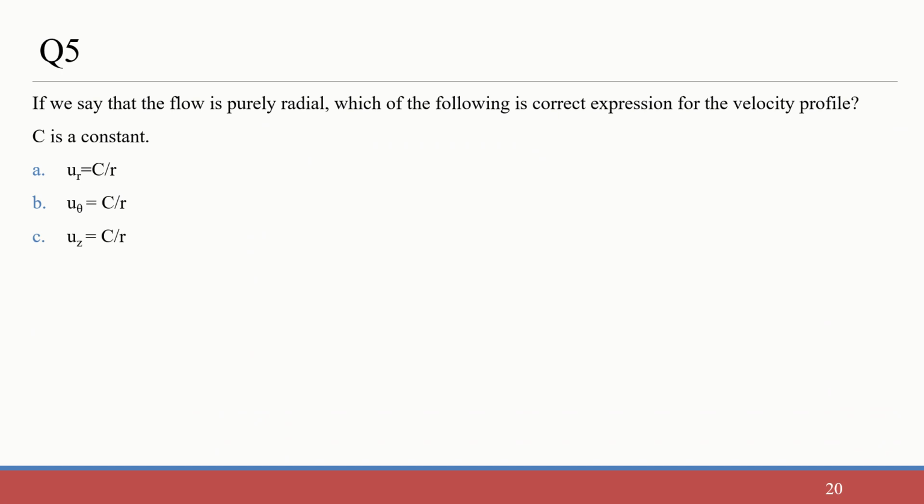So ur is a function of radius, ur is equal to c by r. That is what we mean.